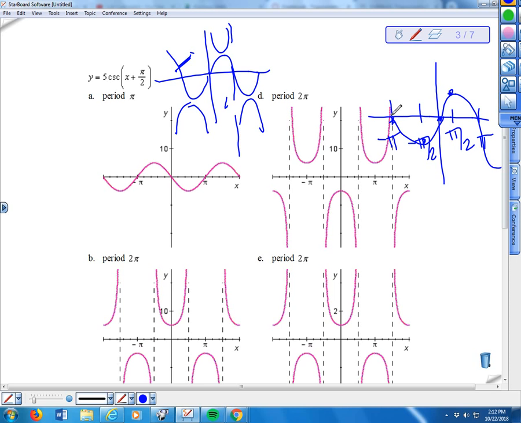Normally, it's going to look like this with an asymptote here and an asymptote here. But this asymptote now is at pi over 2, which is here, and at negative pi over 2, right? So it's actually going to be like that. So yes, B. Thank you.